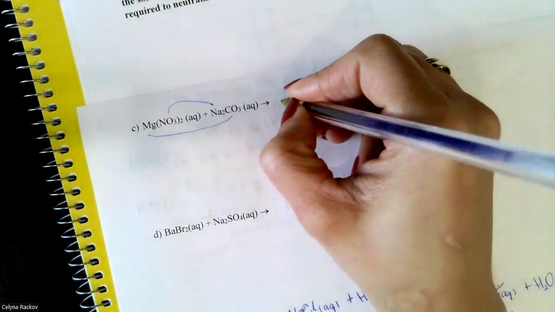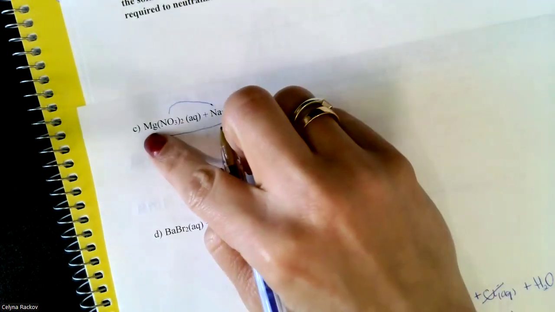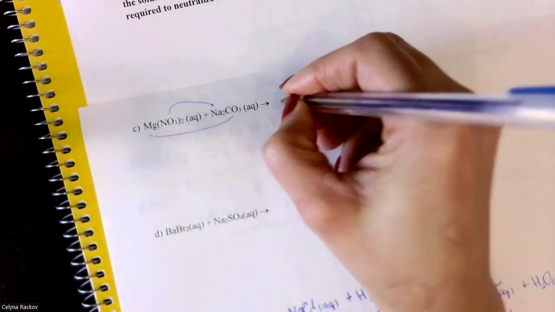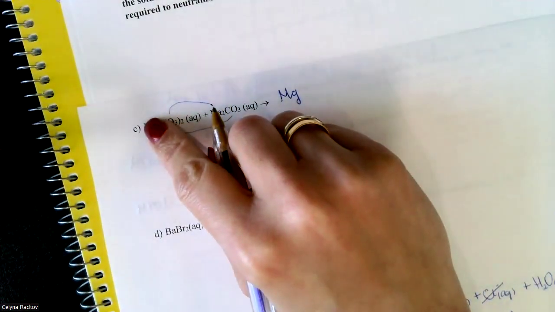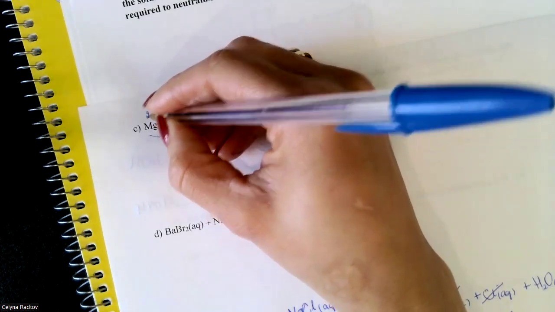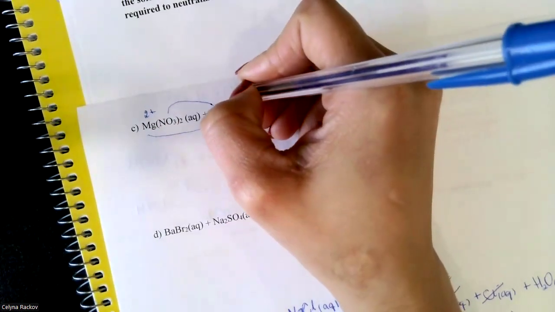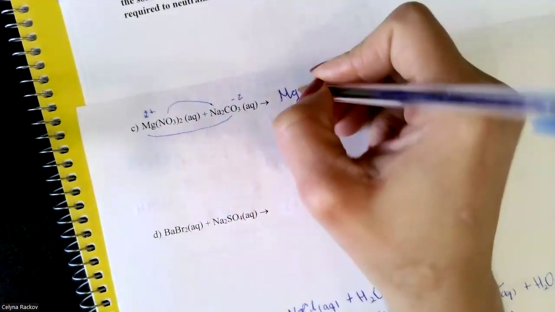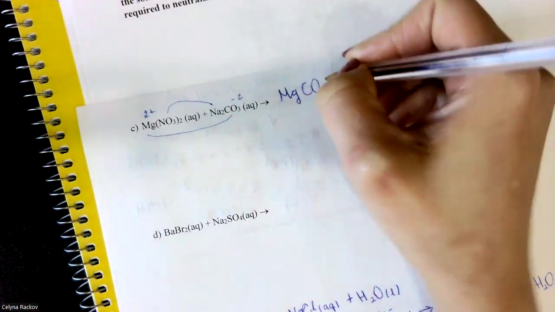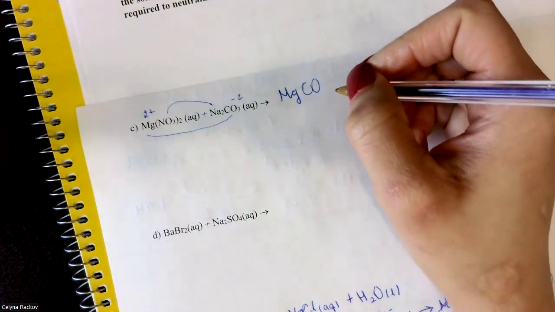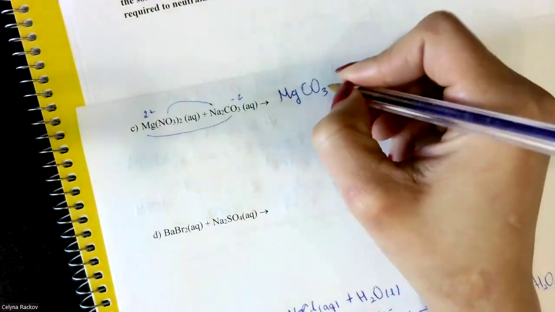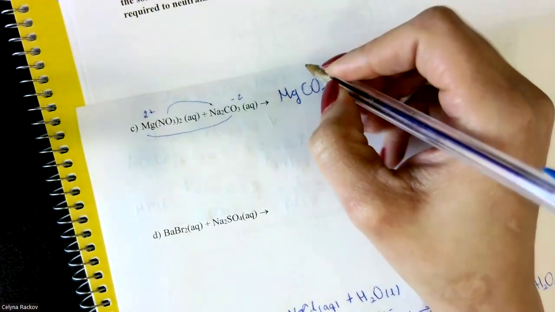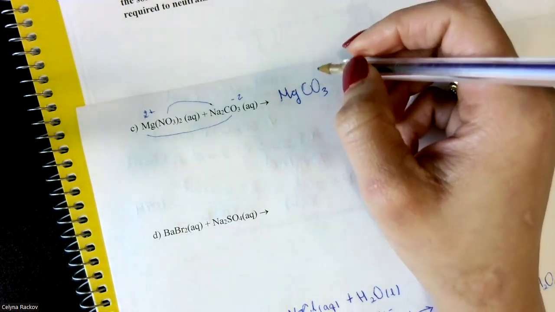So like, we're gonna get here magnesium. Magnesium is a 2 plus. And carbonate is a 2 minus. So you do not need to put the parentheses here because it's already plus 2 and minus 2.